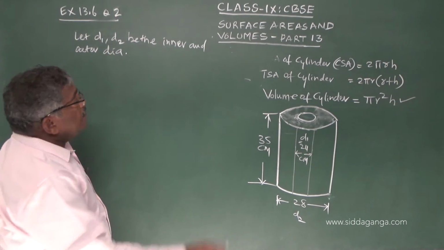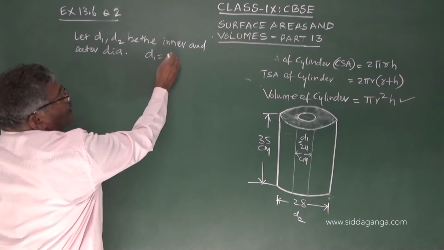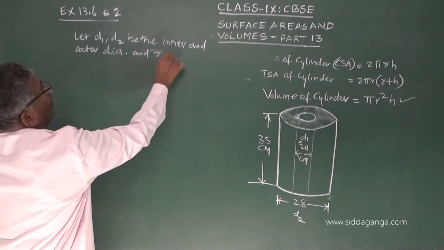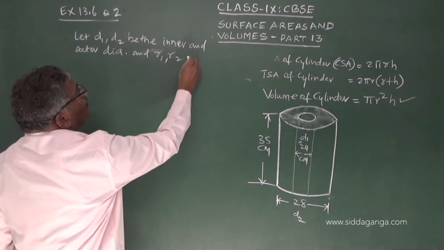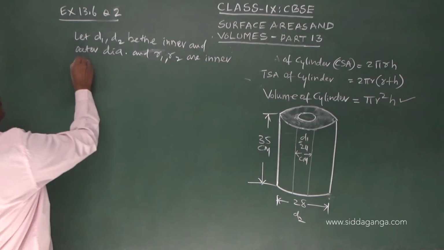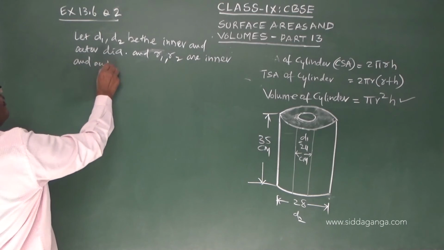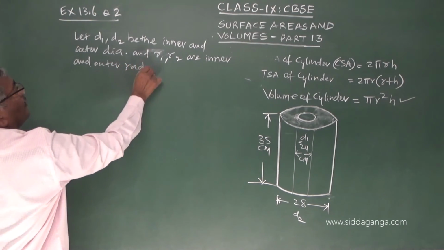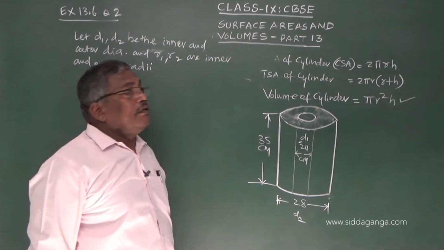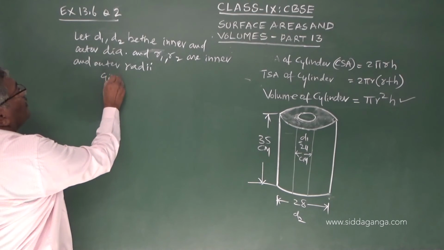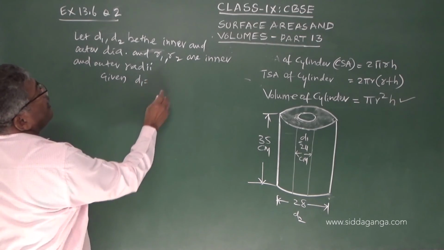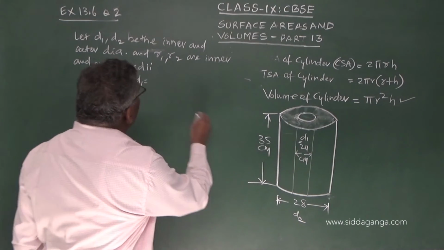And R1, R2 are inner and outer radii, plural, radii. So given D1 equals 24 centimeter.